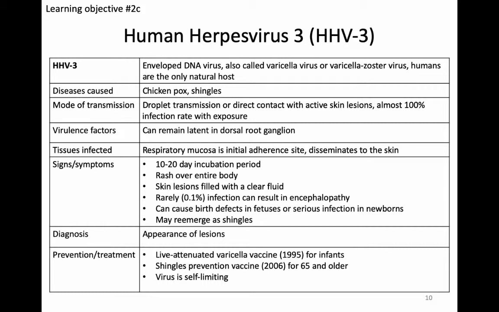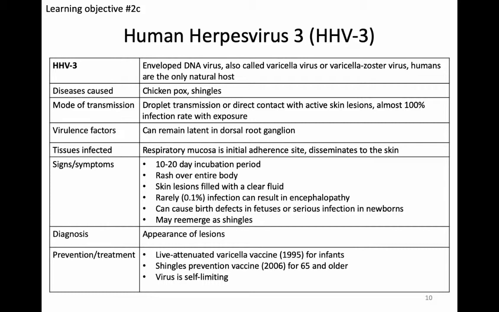The incubation period is long for this virus, and it results in a rash over the entire body. This rash is a pox rash, which means it's a pimple-like sore that's filled with fluid and can cause pock marks after healing. In very rare cases, it can cause encephalopathy, which is swelling of the brain.